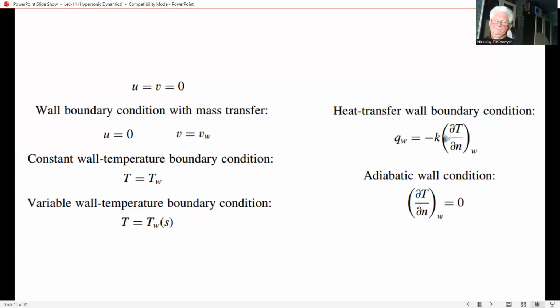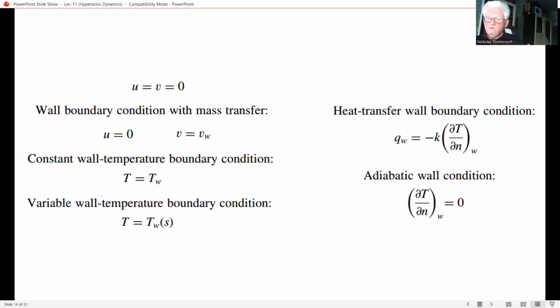In general, the wall heat transfer, and hence the wall temperature gradient, are unknowns for the problem.